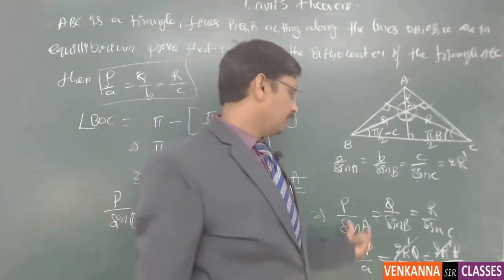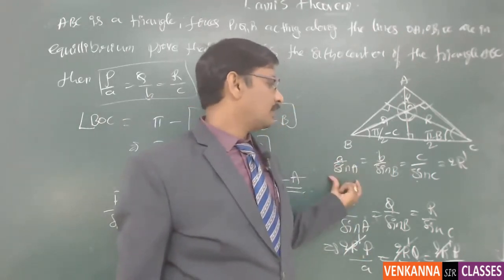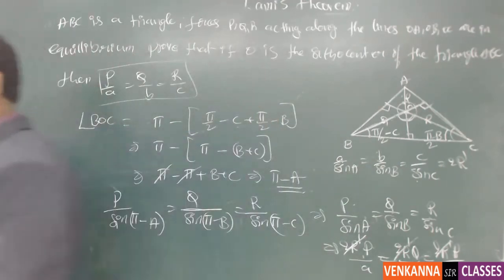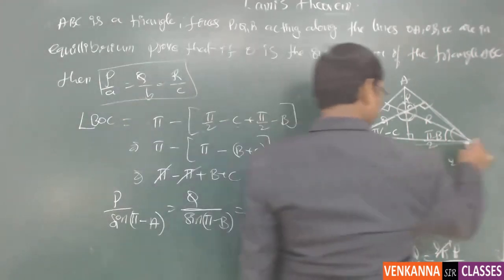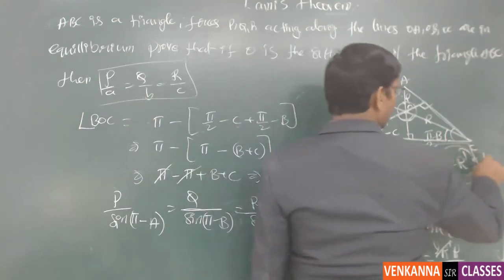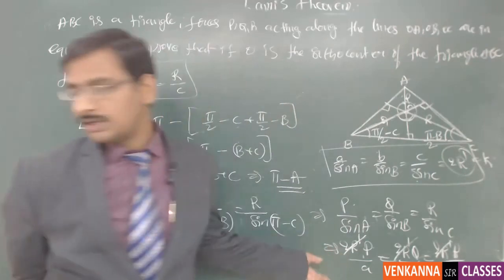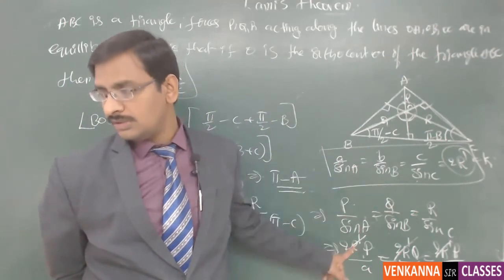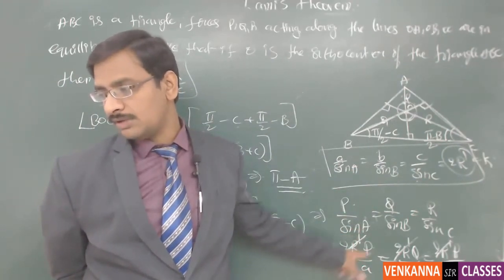So you can replace this a by sin A, b by sin B, c by sin C. You are just replacing those values. Yes, you can replace that, because these are all known, so this is a plain constant. If you want to keep this constant, you can put it and replace it, or else you can leave that constant. So a is directly proportional to sin A.